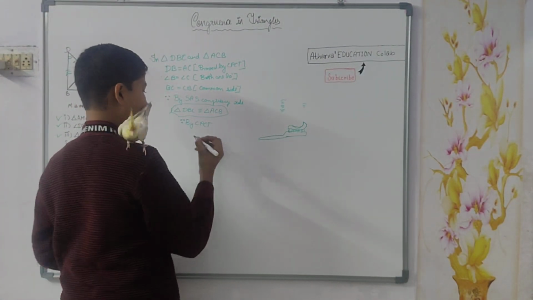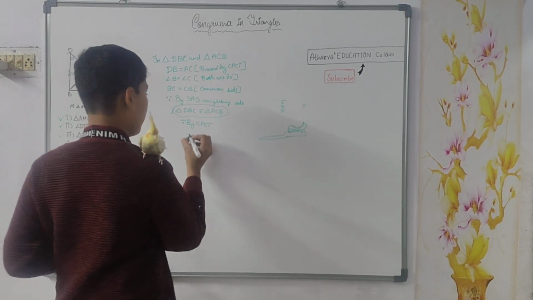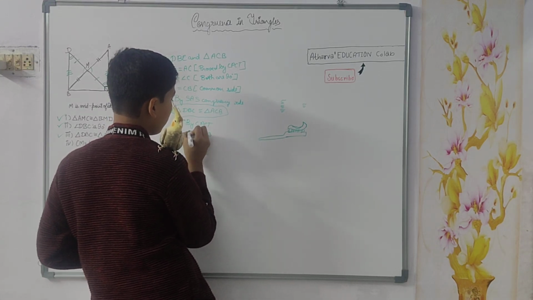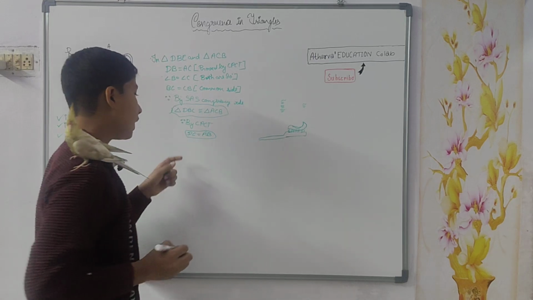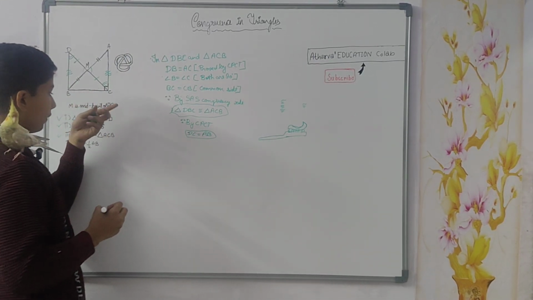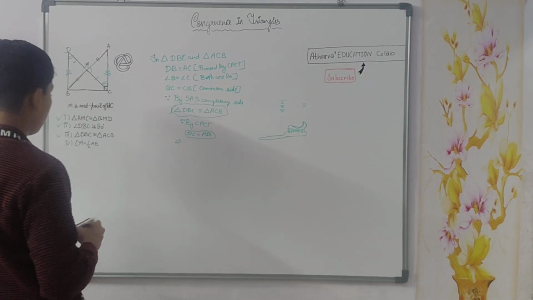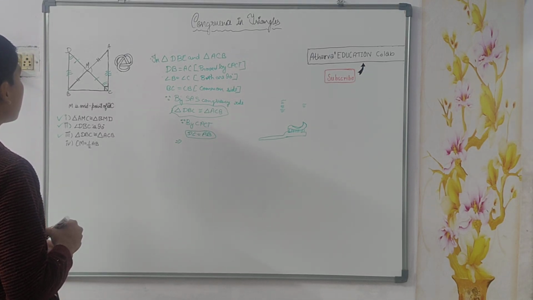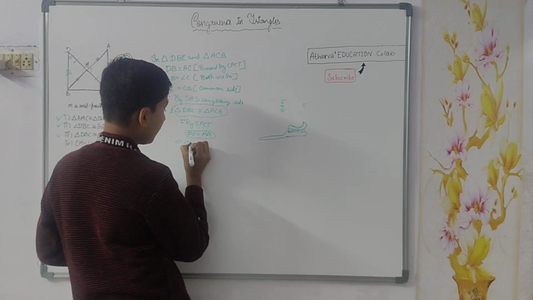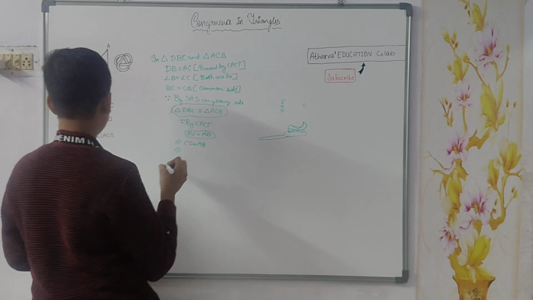Sorry for disturbing. By CPCT, you will prove DC equal to AB. Okay. Now this will be working. So to prove this, CD equal to AB. What can we write?